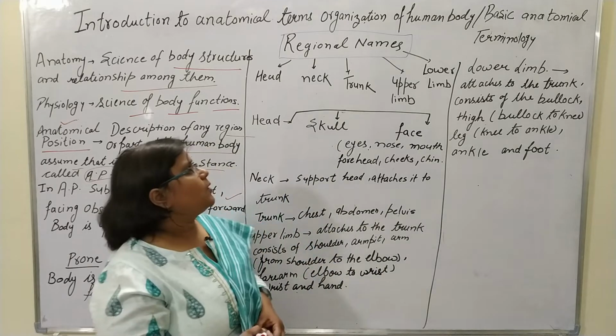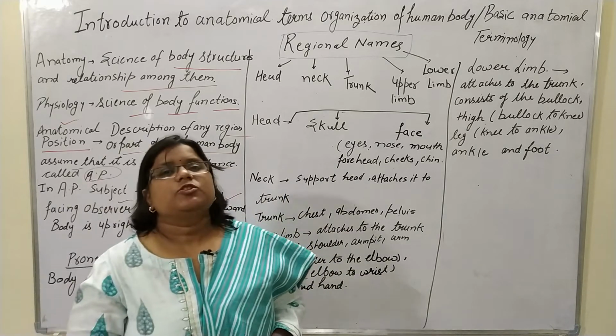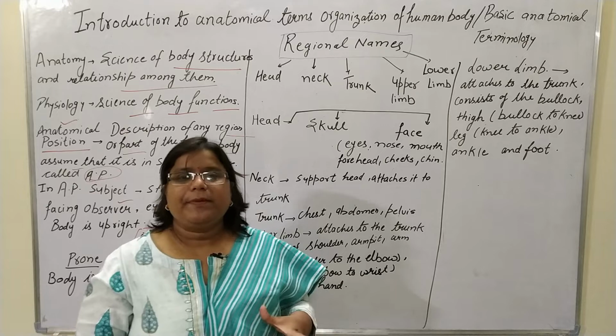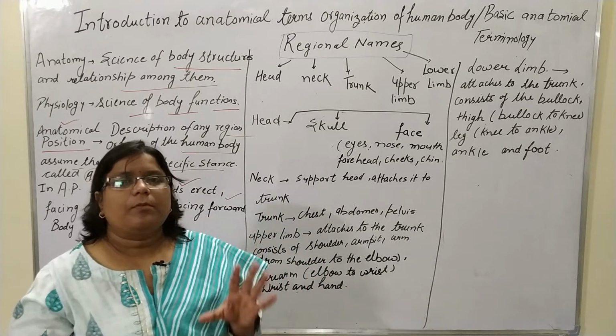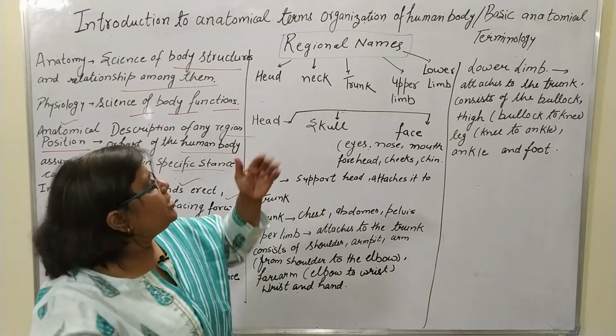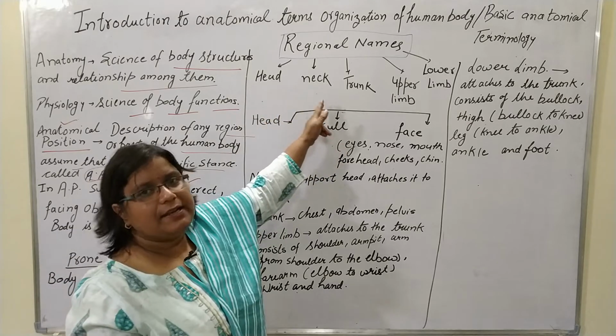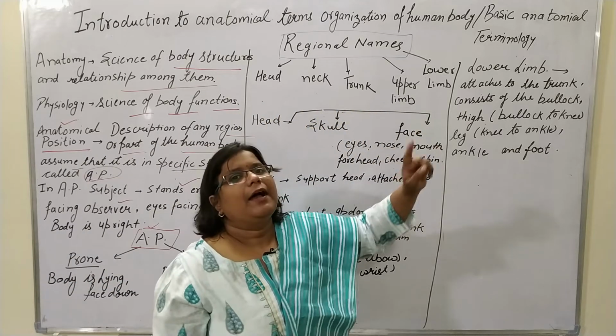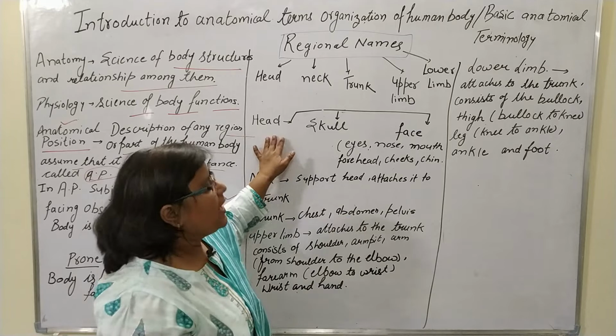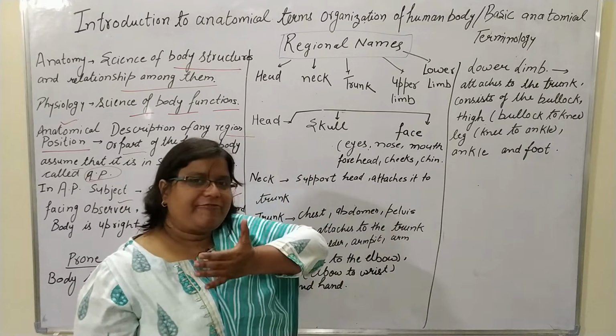Now we want to discuss the regional names. According to our anatomy, the body is divided into the following parts: head, neck, trunk, upper limb and lower limb. The head is divided into skull and face.